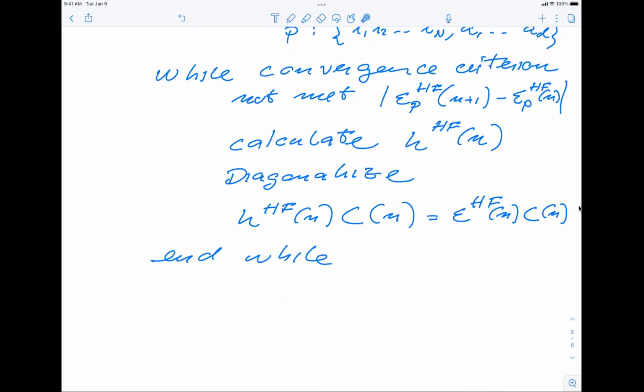Alternatively, you can have Fermi levels with different numbers of spin up and spin down particles. And that's something which we will often use for open shell systems. So we will mainly stay with a system where you fill up all the states to the Fermi level, and there's only one Slater determinant. And that leads to something which is normally called restricted Hartree-Fock. And this is basically what we will cover in this course.